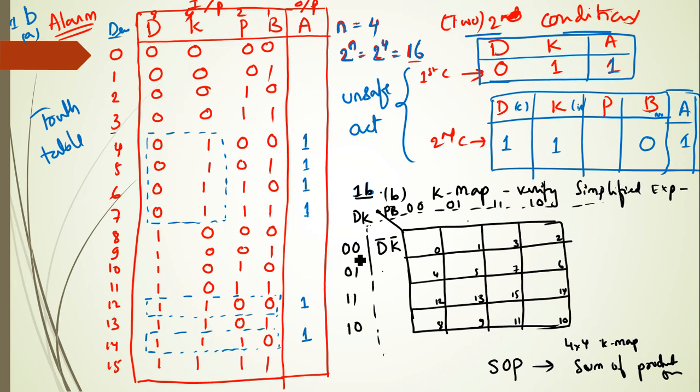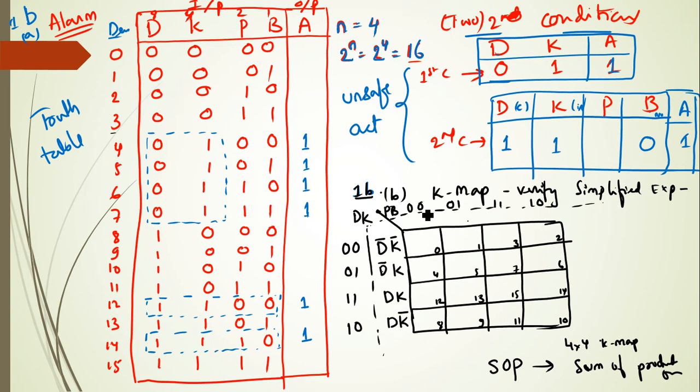Now wherever there is 0, put that particular letter as bar. Here we are using two variables, D and K. So 0, 0 is D bar and K bar. 0, 1 is D bar and K. 1, 1 is D and K. And 1, 0 is D and K bar.